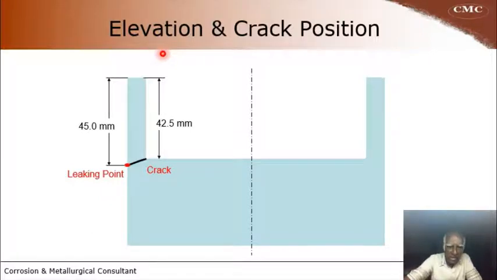You can see the difference in dimension, and the inside wall was having a height of 42.5 mm. The corresponding outside wall up to the point of leakage is 45 mm. So you can see there is a flow of liquid due to gravity. So the leakage is due to corrosion from this edge and progressing towards outside, resulting in leaking.